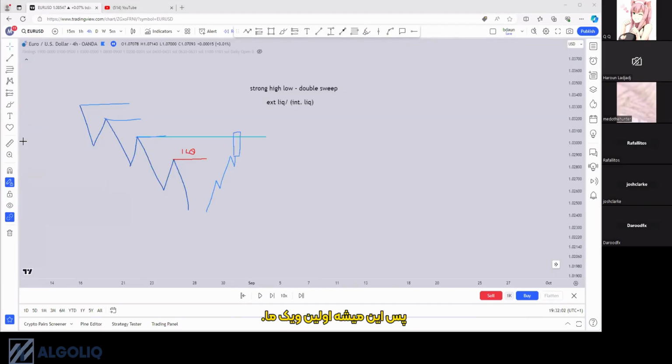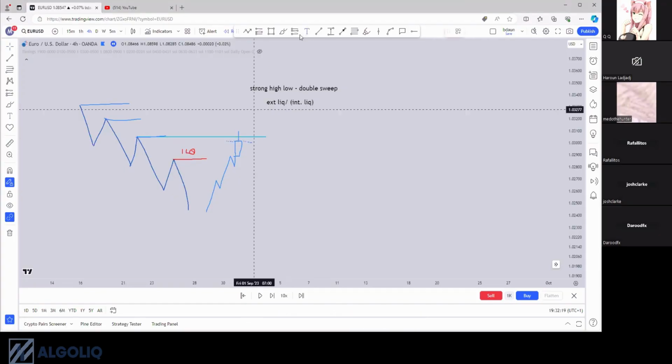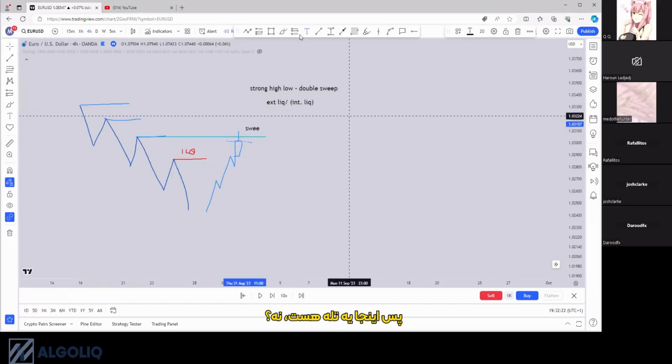So this is our first sweep. We take this guy out, and then it pulls back down. So the candle should close like this. We sweep it and close below. So in this case, it's a trap.